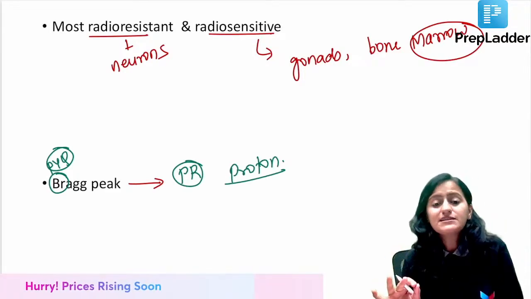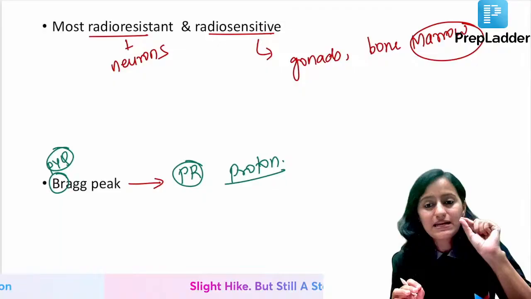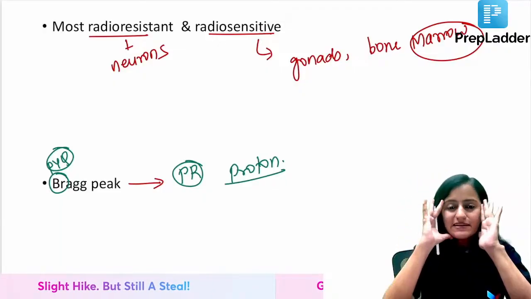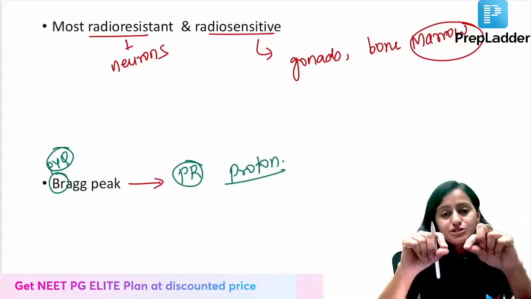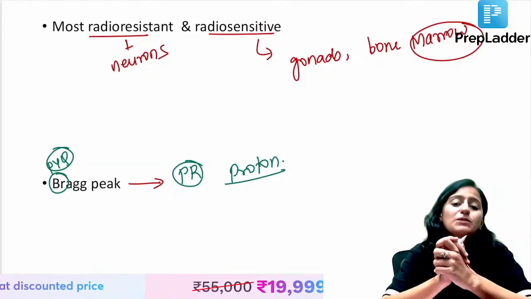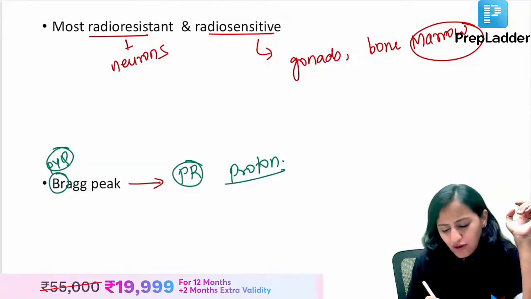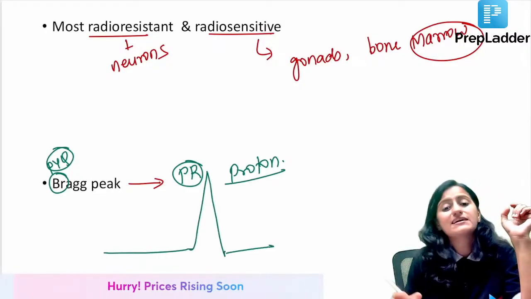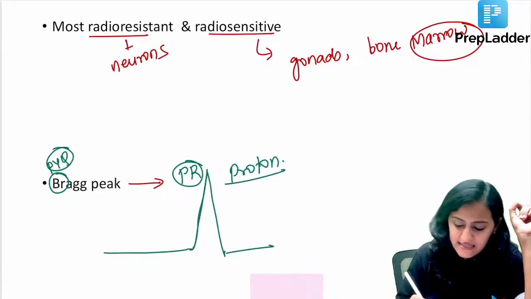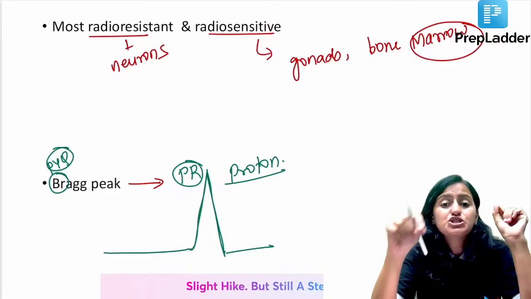The concept here is when you give proton beam for radiotherapy, proton is like a very targeted therapy, right? So it will go and affect the tumor and the surrounding tissue will not be that much affected. So it goes very gently into the body, then as soon as the tumor comes, suddenly it gives a lot of radiation. So that is the peak seen at the tumor site.